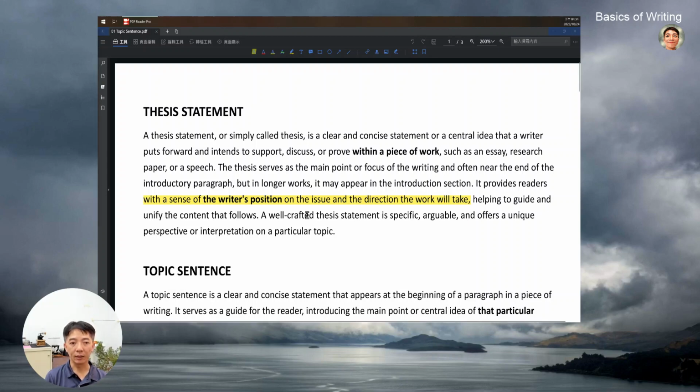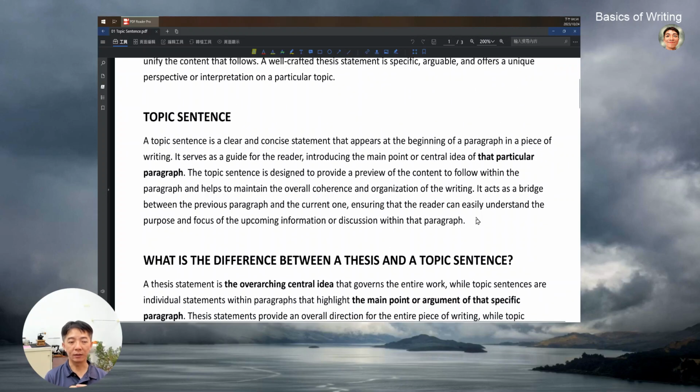And it continues, a well-crafted thesis statement is specific, arguable, and offers a unique perspective or interpretation on a particular topic.